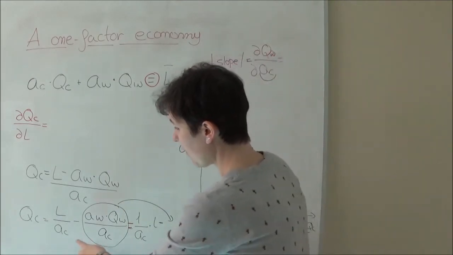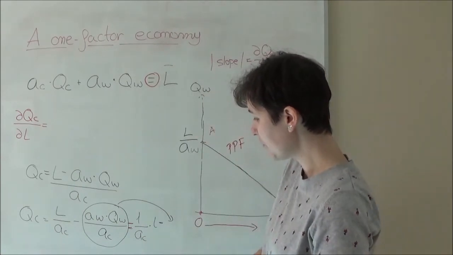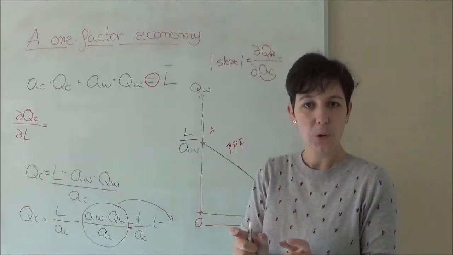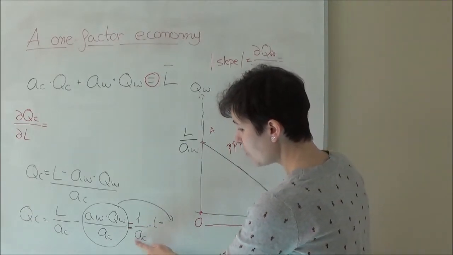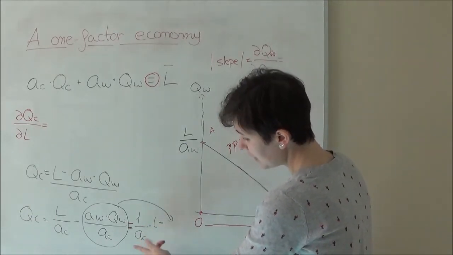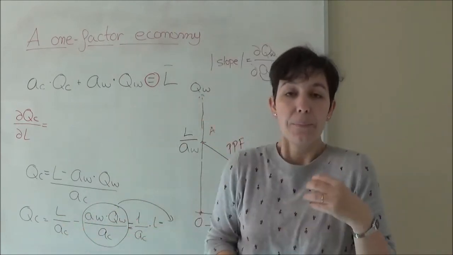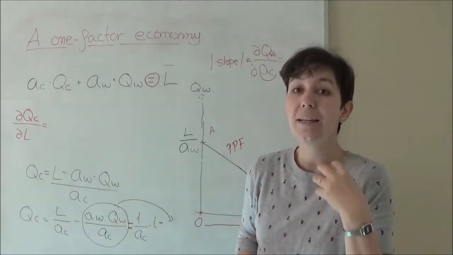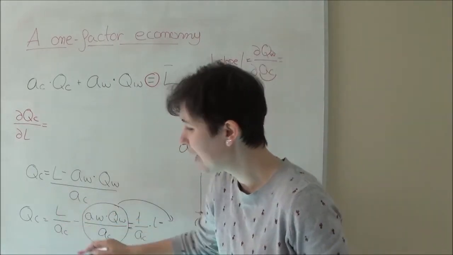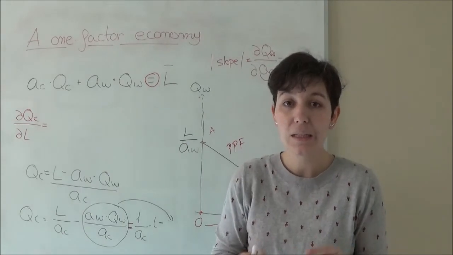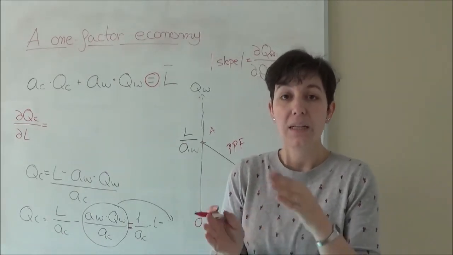To make things even easier, instead of L divided by the unit labor requirement of cheese, I separate that into a product. On the one hand, I have 1 over the unit labor requirement of cheese times L. It's the same thing, okay? What I'm trying to do is to show you that this division can be seen also as a number times my variable, instead of a division.